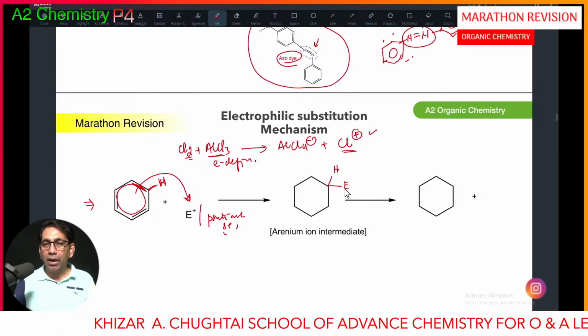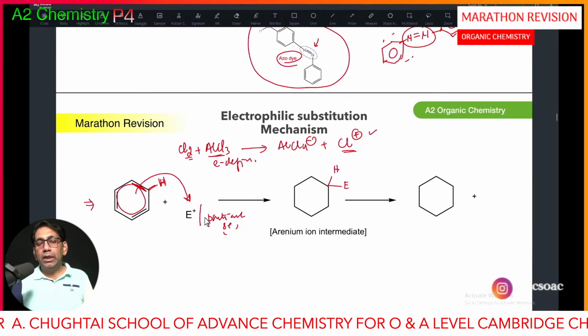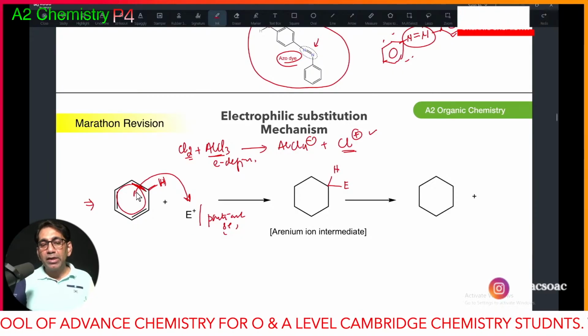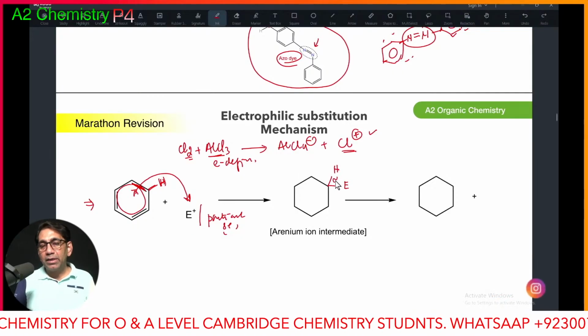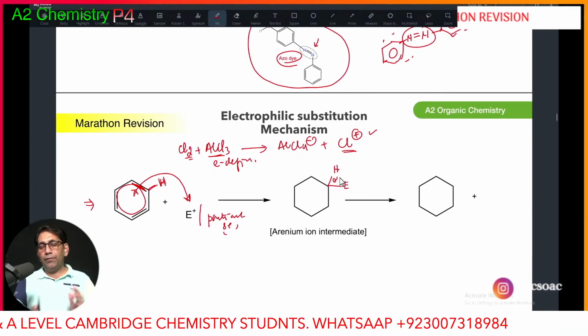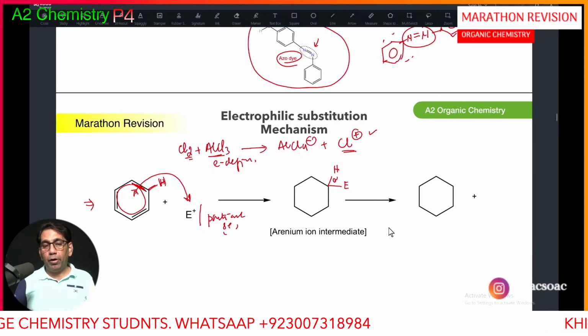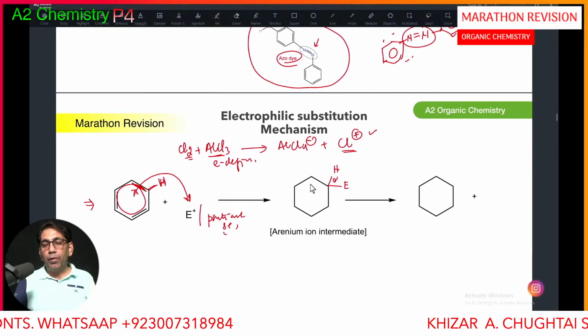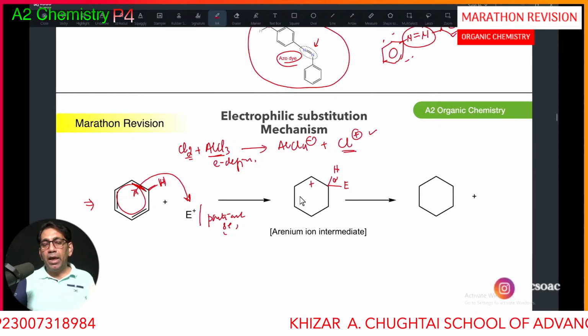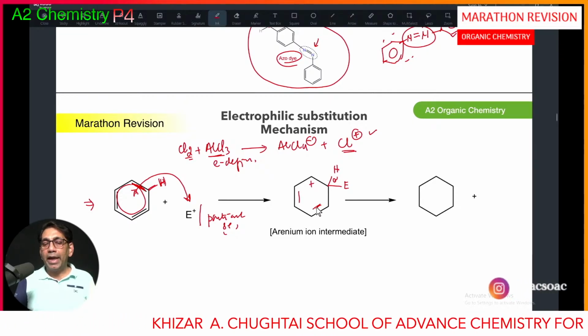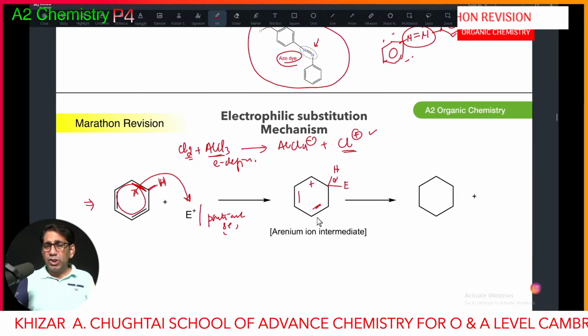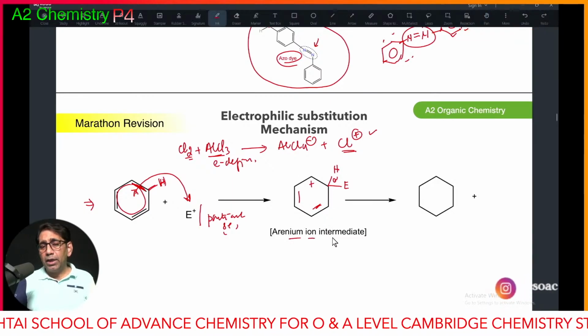With it, it has made a sigma bond with this electrophile. Initially it was a pi bond, now it has made a sigma bond. So this is the transformation of pi to sigma bond. The remaining carbon atom will have one positive charge, and the remaining double bonds will stay intact with this molecule. This is called the arenium ion intermediate.